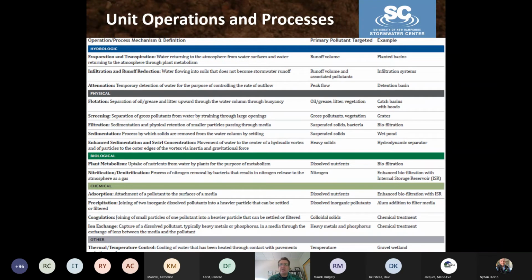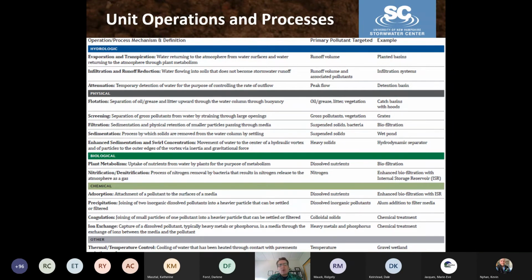That's a lot of what we focus our time on: retrofitting the already built environment in the Northeast. A lot of it is already built, and we're trying to increase water quality controls for our impaired waters.